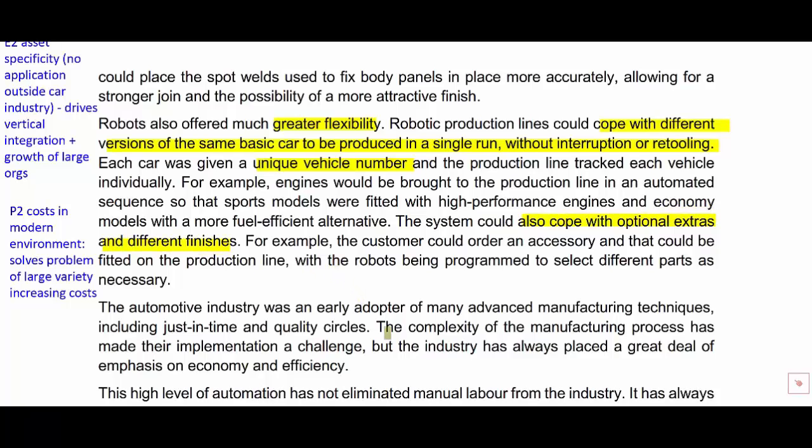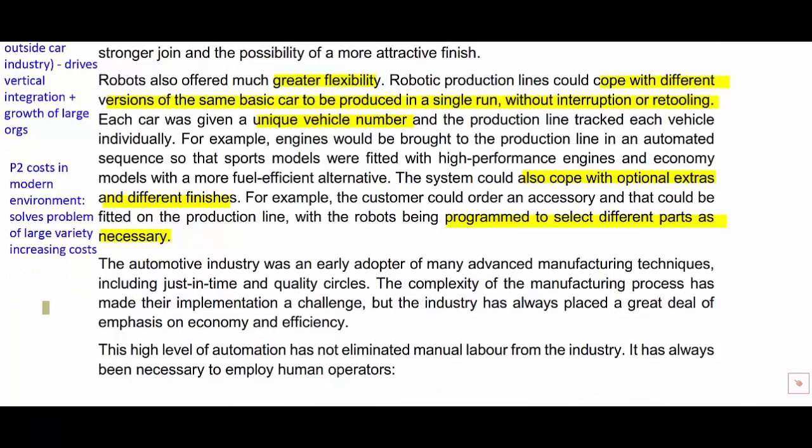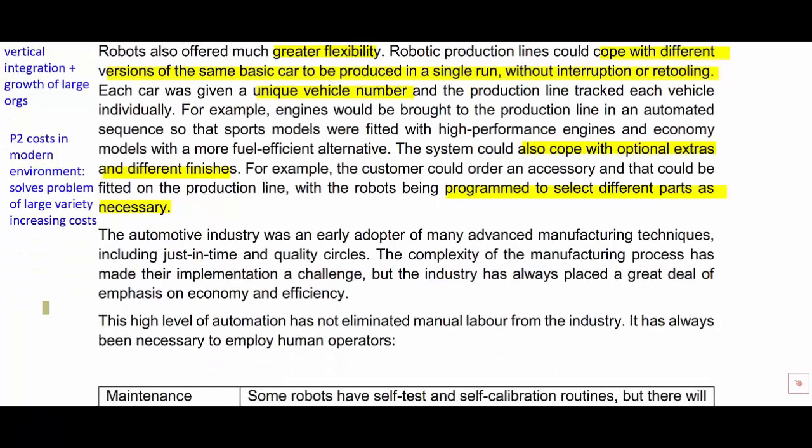So for example, a customer could order an accessory that could be fitted on the production line, and the robots are programmed to select different parts as and when needed. So that's the beauty of modern robotics. They're very responsive, and they can adapt in a way in which car manufacturers were not able to adapt 20, 30 years ago.